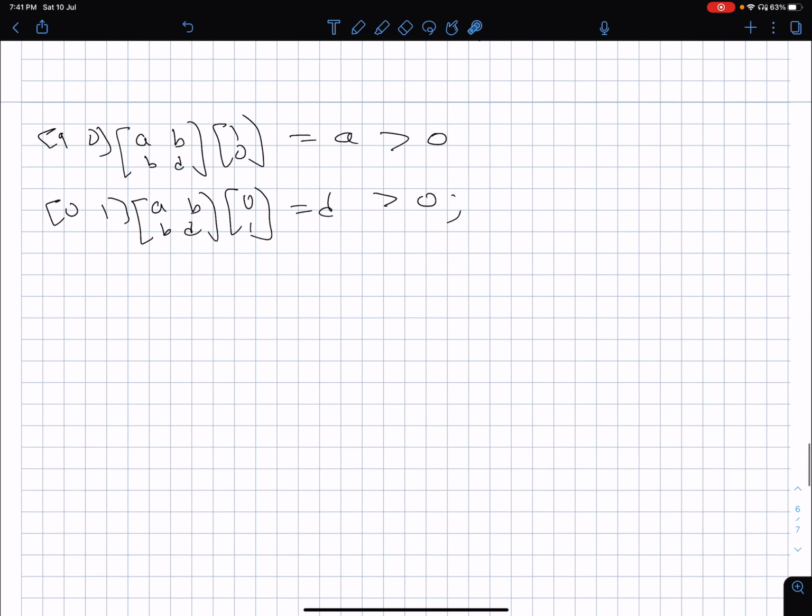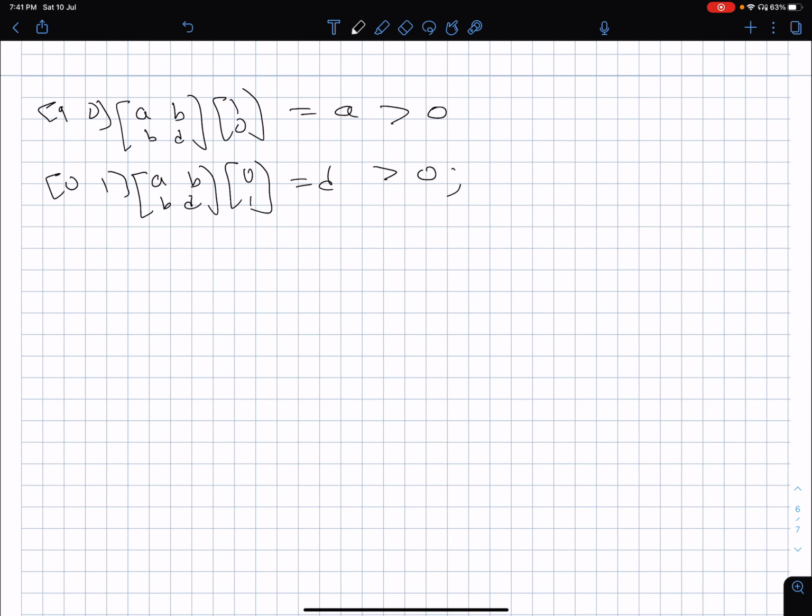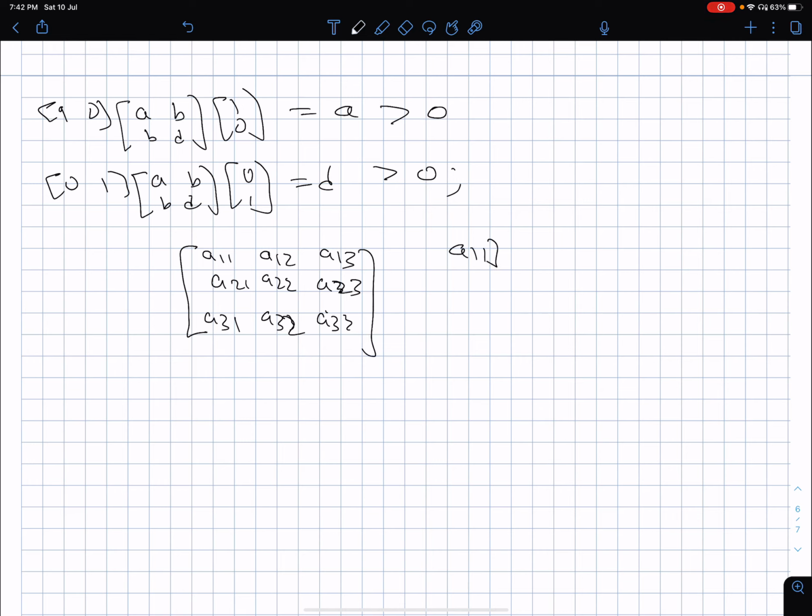Like this, you could also talk about a 3 by 3 matrix. Principal submatrices would be, for example, A11, A22, A33.